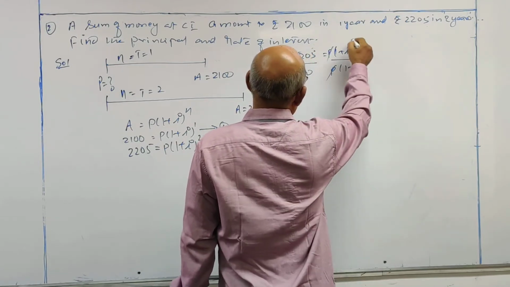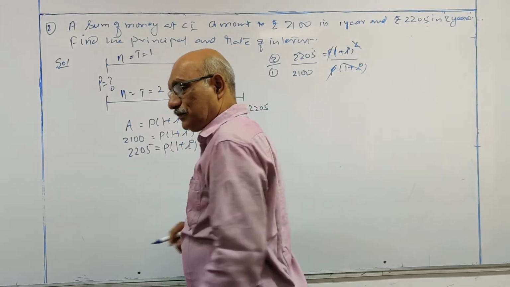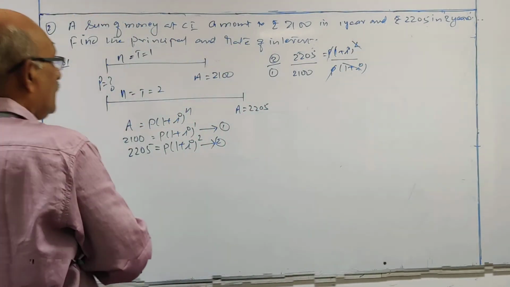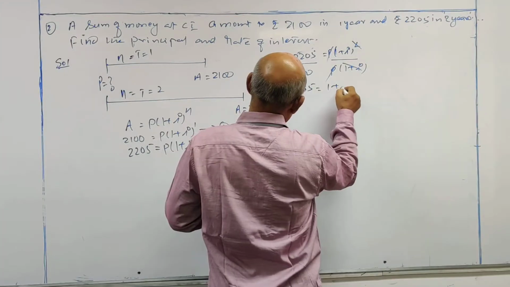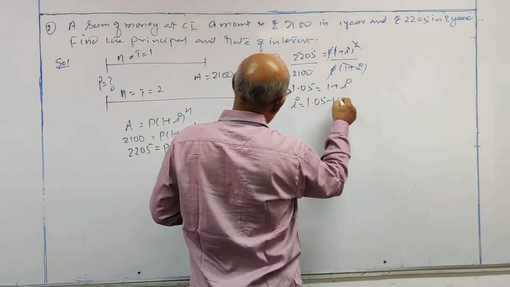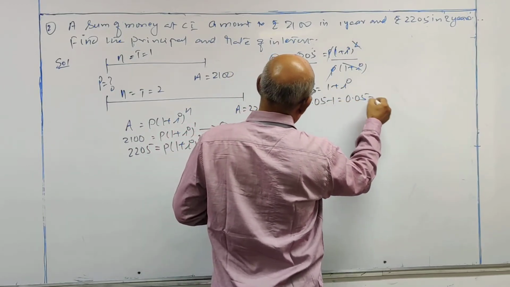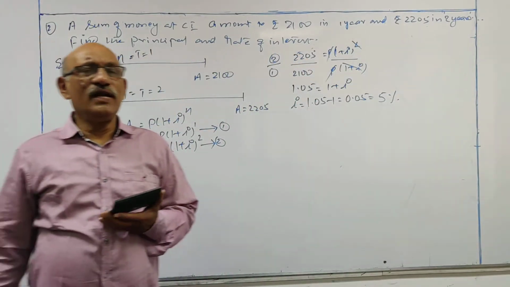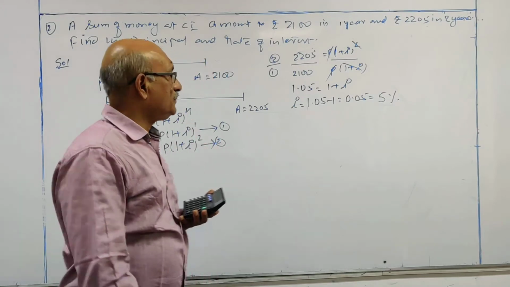P cancels, and the square cancels one power, so 1.05 is equal to 1 plus I. I is equal to 1.05 minus 1, which is 0.05, that is 5%. Rate of interest is equal to 5%.